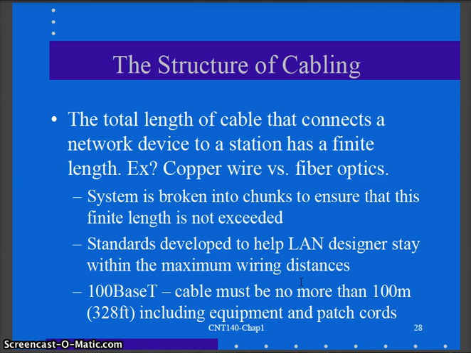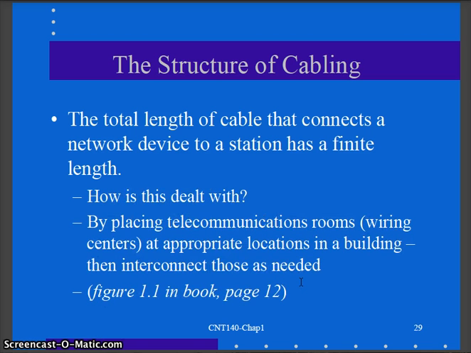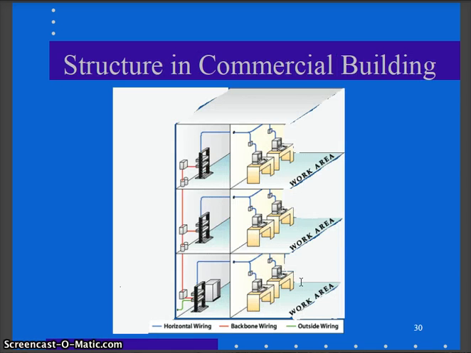So because of that, I put my telecommunication closets carefully around the building to minimize that distance. And if I look at a picture like this, I might have a closet per floor, so my cabling distance is limited. It's not going to go the whole way down through the wall, down to the second floor, down to the first floor, down to the basement. That way I can service a whole large area of computers on that floor.